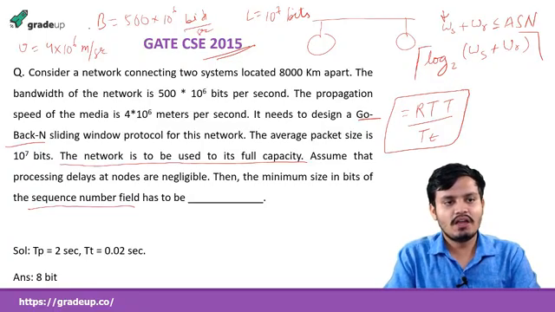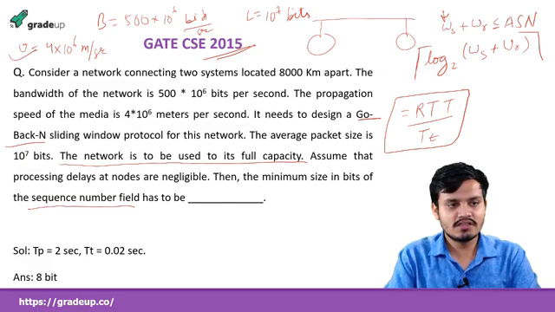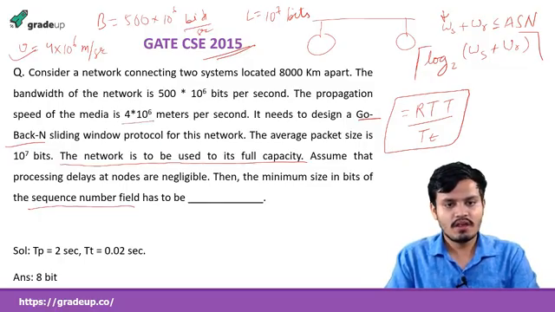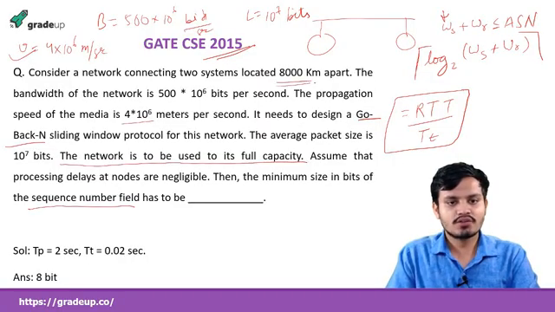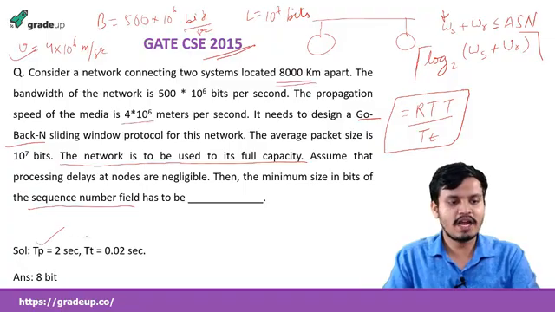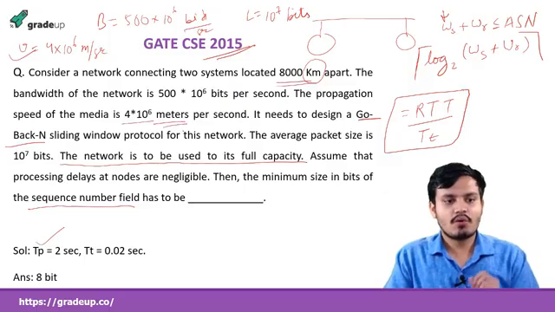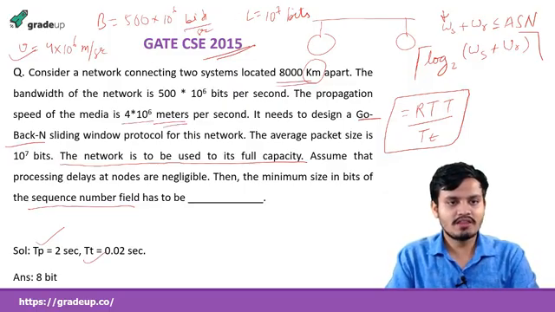For TP, the propagation speed is given, and the length is 8000 kilometers apart. Now you divide the distance by this velocity, and you get TP as 2 seconds. Remember to convert kilometers, because the speed is in meters. Now for TT, the length and bandwidth are given, so you can find it. So TP is equal to 2 seconds and transmission time is 0.02 second.